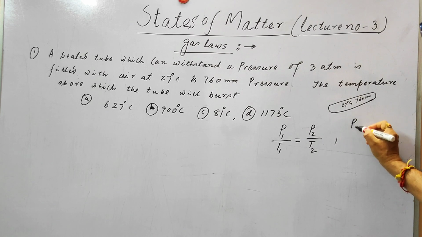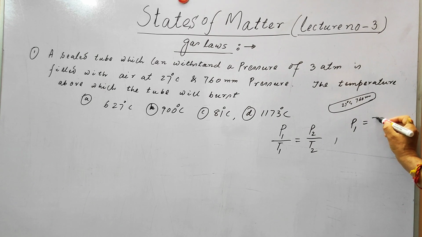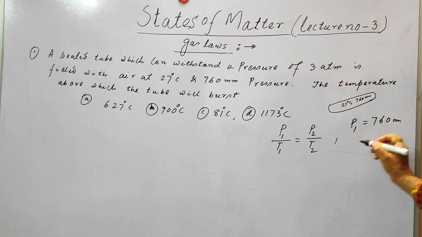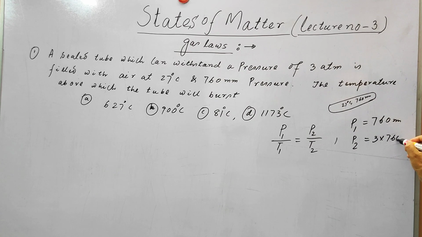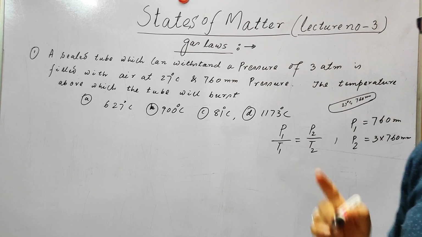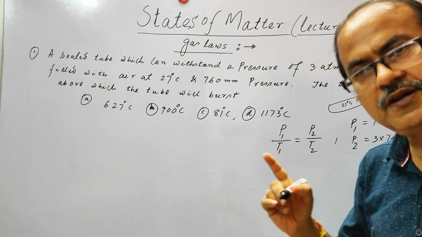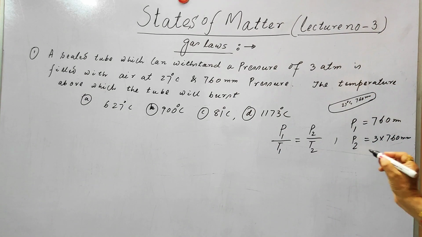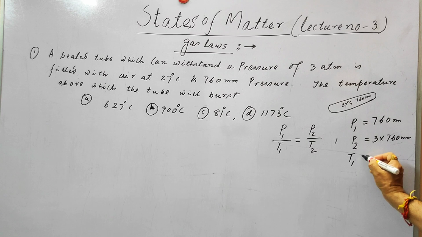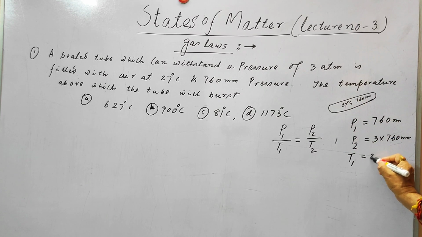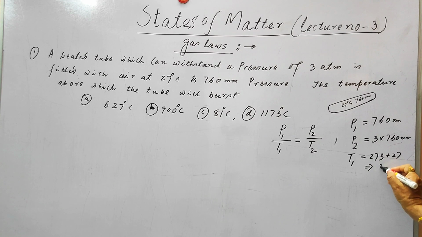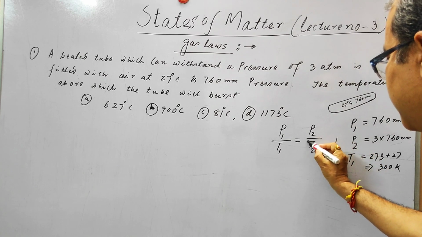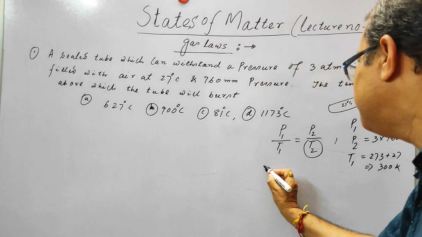Here you can see P1 is given as 760 millimeter. And what will be P2? P2 will be 3 into 760 millimeter, because 1 atmospheric pressure is equal to 760 millimeter of Hg. And T1 is given as 27 degrees, meaning 273 plus 27, that will be around 300 K. So we have to calculate T2.